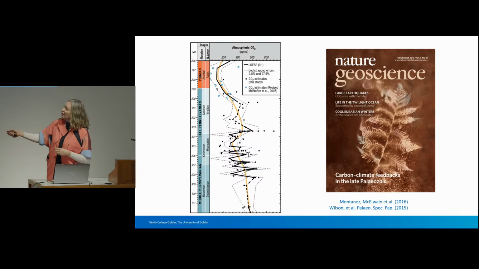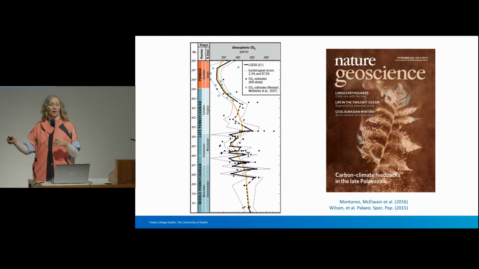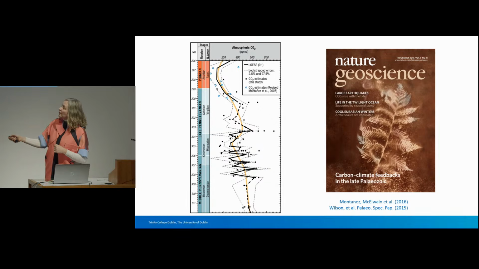What we're seeing here are glacial-interglacial cycles, just like the last 2 million years of Earth history. We show that the CO2 low is the same as during the last 2 million years, about 180 parts per million CO2. And the highs are slightly higher, 600 parts per million CO2.